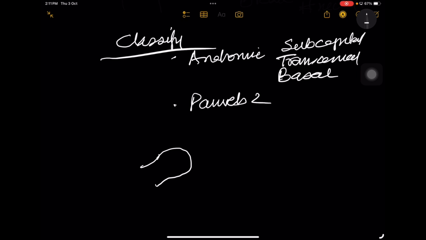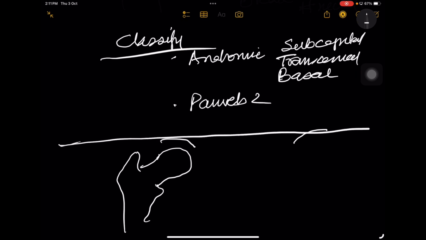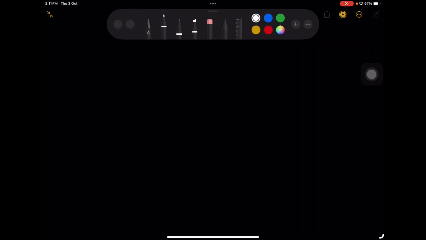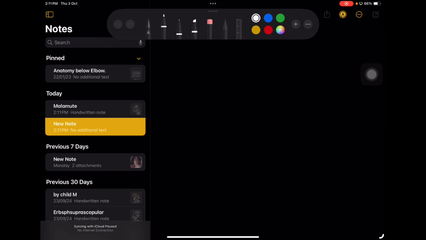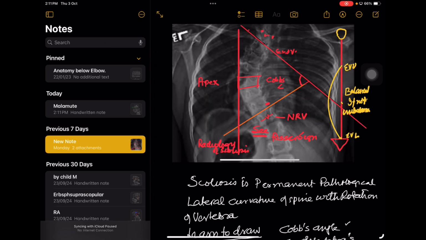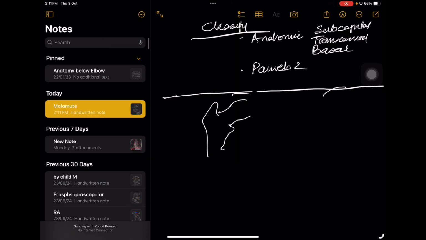Supposing this is the head of the femur, this is the neck, this is the trochanter, and here is the acetabulum of this side and here is the acetabulum of that side, and you draw a line joining the two acetabular rims.